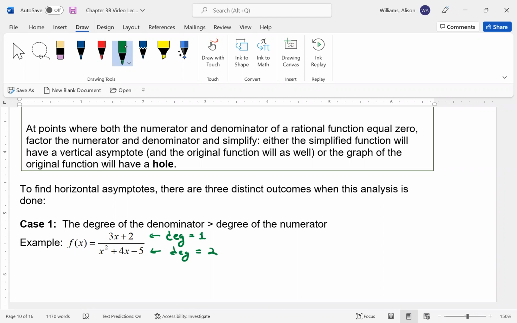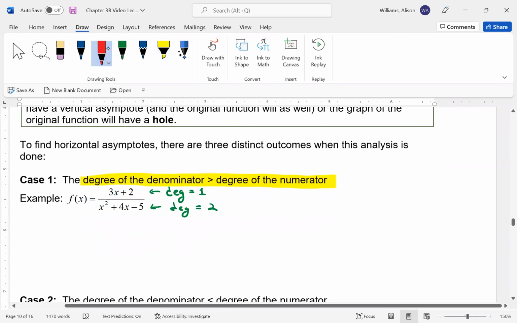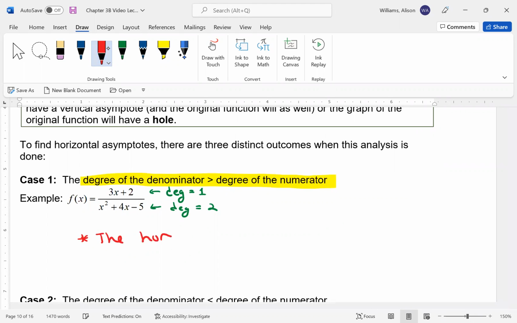So we have case 1, which is the degree of the denominator is bigger than the degree of the numerator. So here's what happens in this case. In this case, the horizontal asymptote is automatically y equals 0, period.